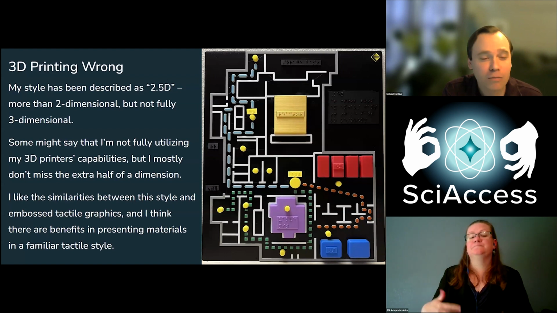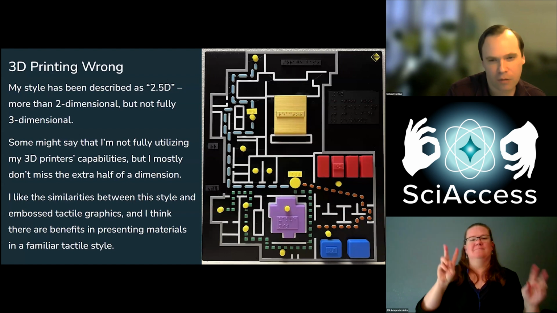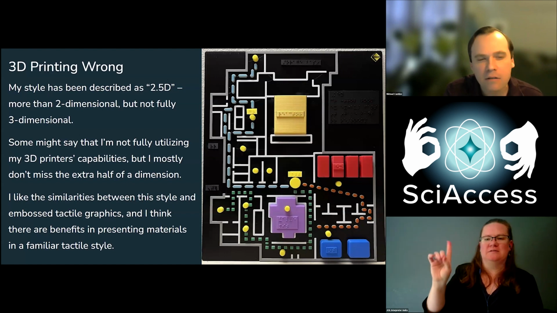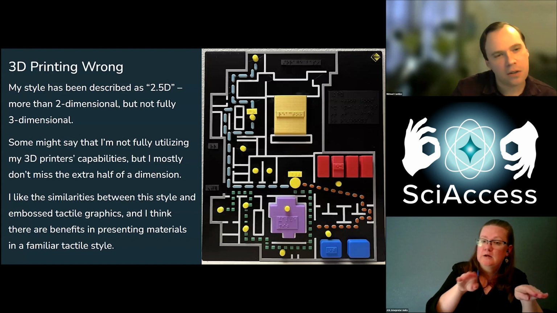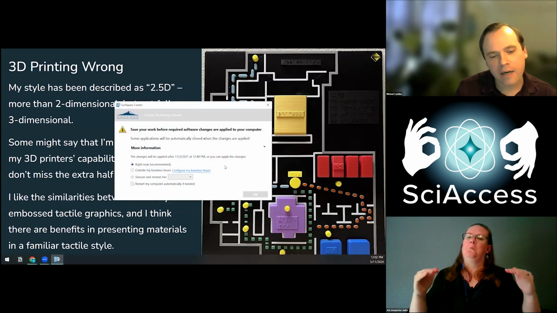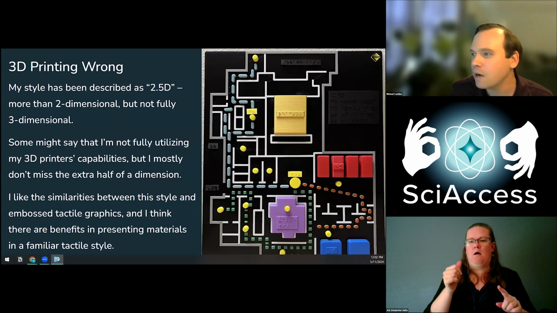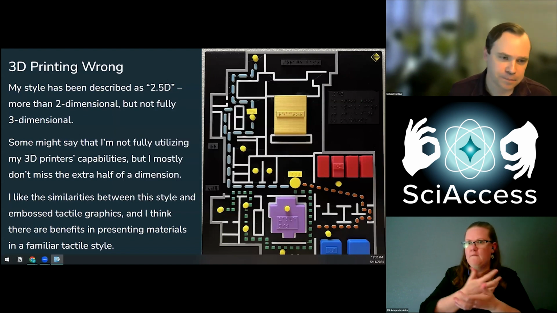But I don't really miss it. I like this 2.5D approach. So not quite flat 2D, but this kind of exaggerated 2D where you're able to raise things up, but we're not expecting the learner to really interpret everything in a three-dimensional way.